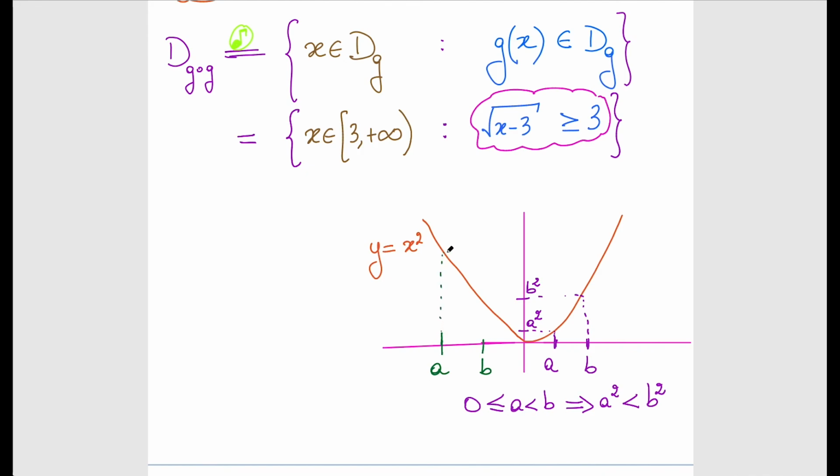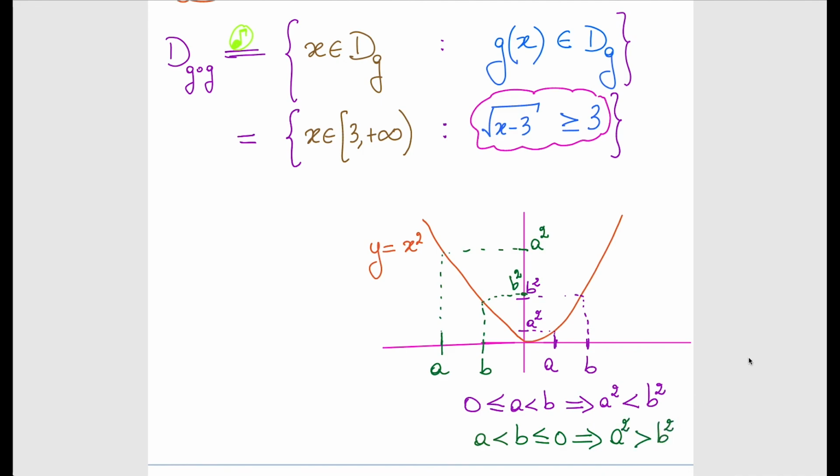This is a squared now, and this is b squared, let's say. Who's bigger? Now a squared is bigger than b squared, correct? So if a is still smaller than b, but now on the left side of 0, then what you get is the other way around. A squared is bigger than b squared.